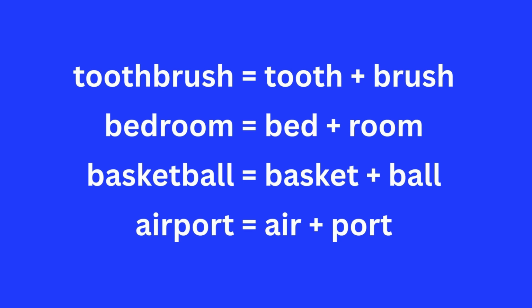Airport: air, port. When you understand the two smaller words, you can often guess the meaning of the larger word more easily. This rule also helps learners avoid spelling mistakes because instead of trying to memorize one long word, you simply spell the smaller parts correctly and join them together.